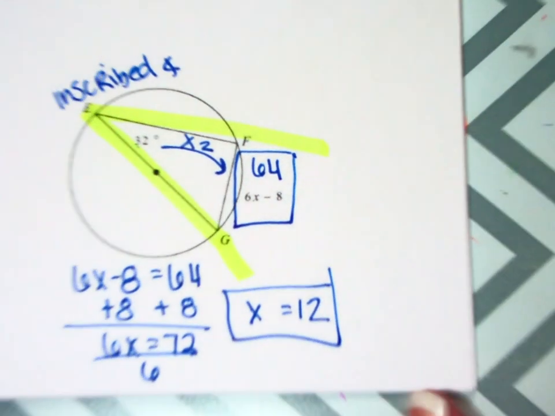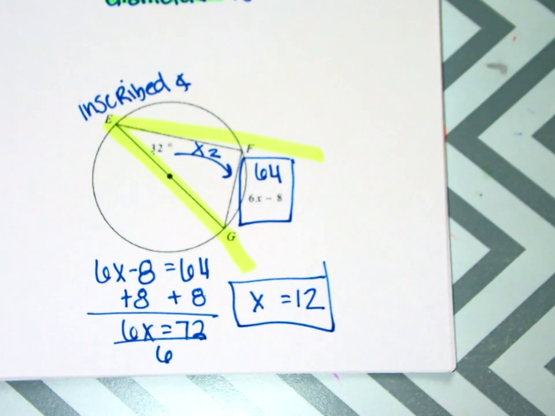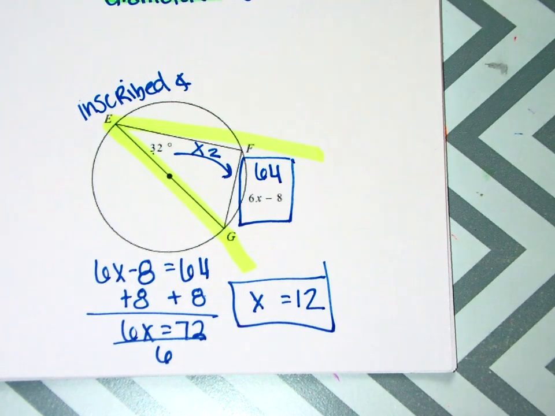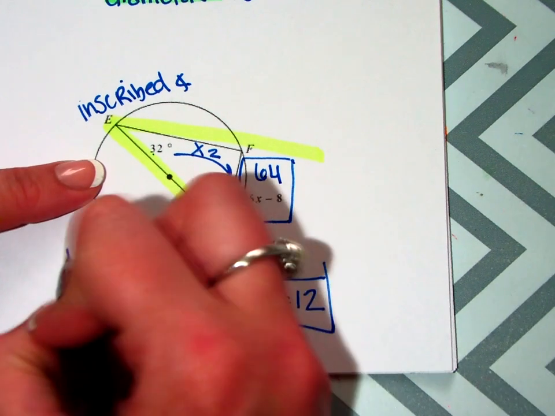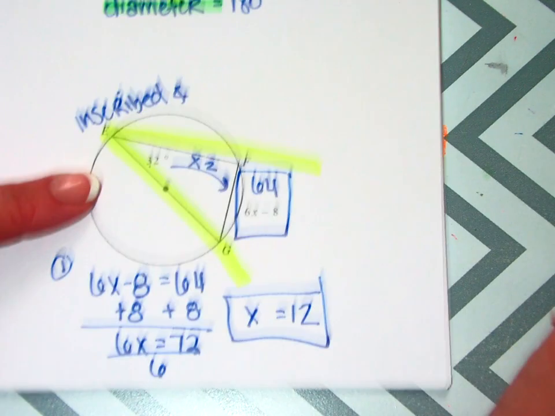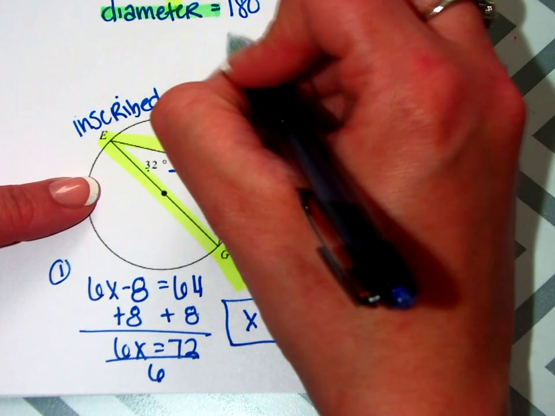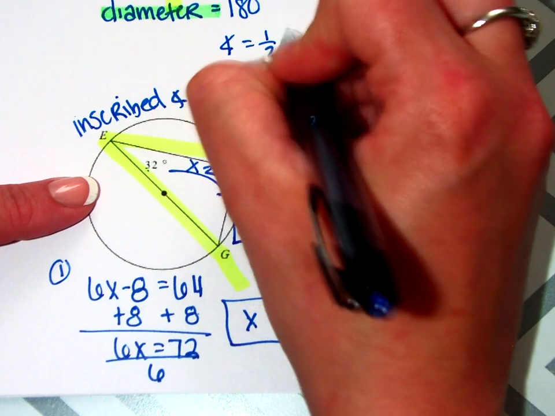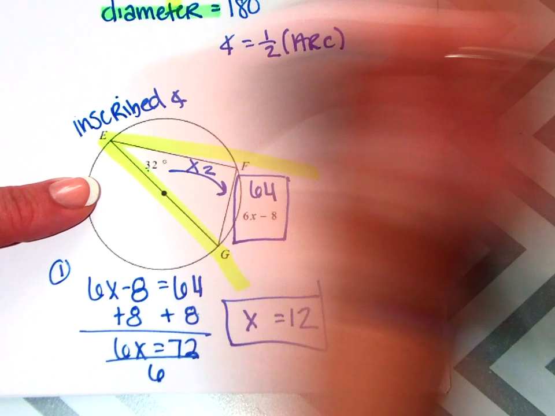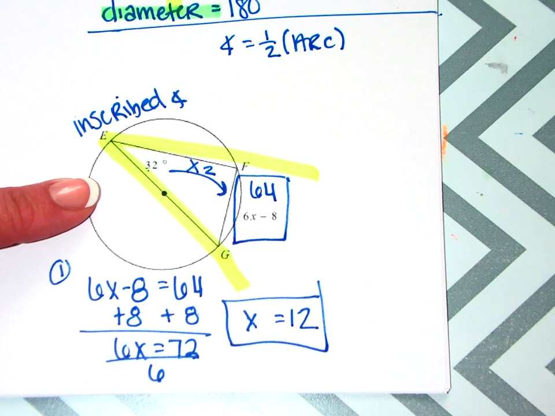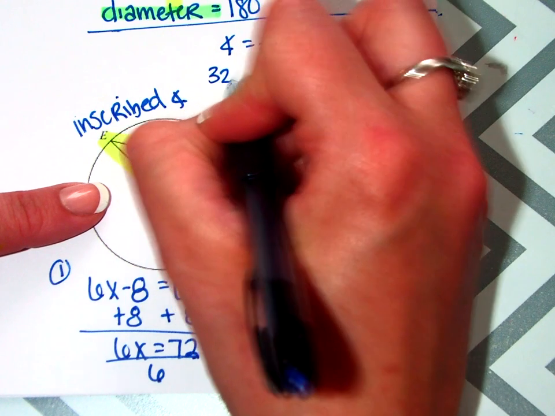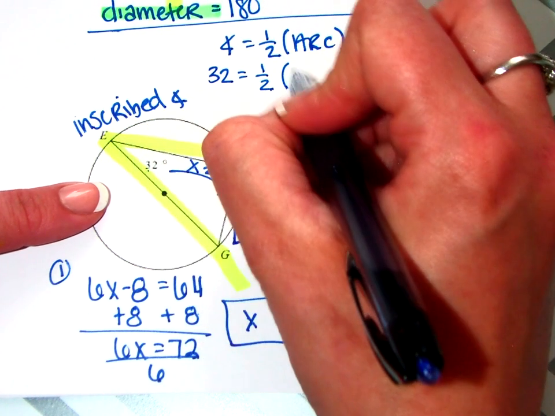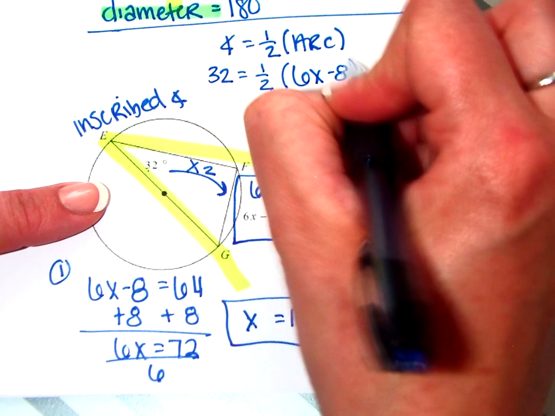I am going to show you how to do it another way, just to kind of help you. This is the first method, okay, knowing that it equals 64. Another way to do this is that the angle equals half of the arc. Okay, so my angle measure is 32, equals half of my arc, which is 6x minus 8.